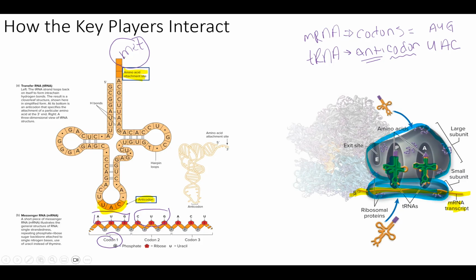Okay? Because again, the goal here is to build our protein. Proteins are made up of amino acids. So, as the tRNAs are coming in with their amino acid, we're going to be linking those amino acids together. Okay, so notice we have all of our key players here interacting.